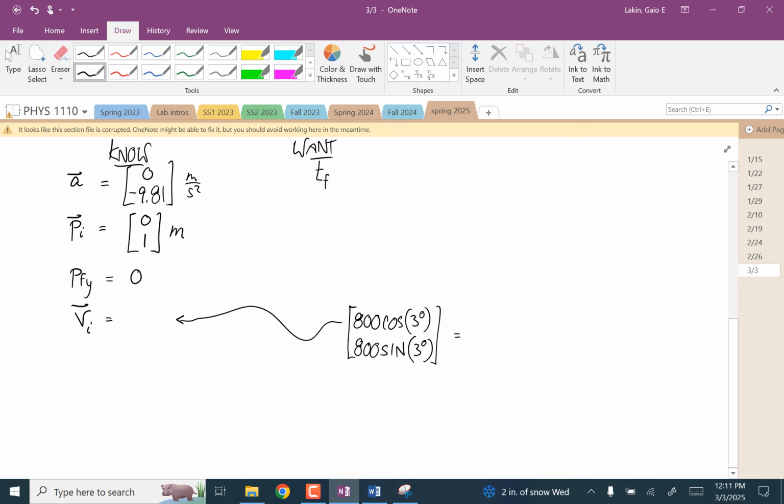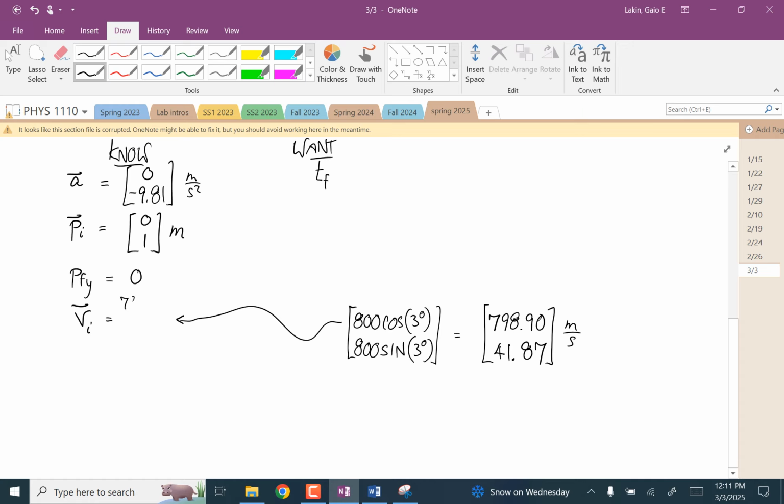And that is, for the x component, 798.90, and for the y component, 41.87.